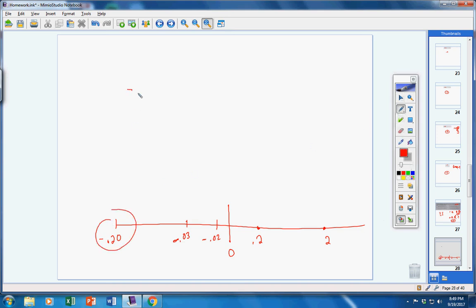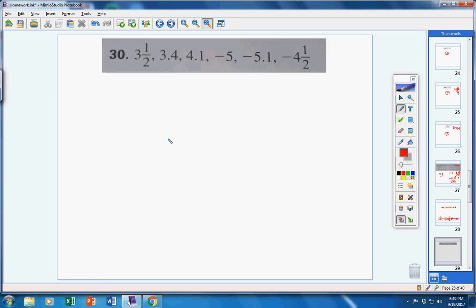This number comes first, second, third, fourth, fifth, sixth. And there are the numbers, students, written in increasing order. Okay? Alright, number 30. Here we go.